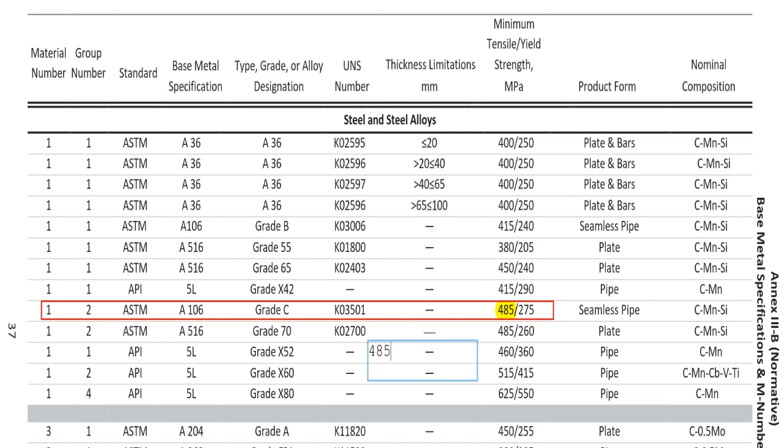485 MPa times 5%, which is 485 times 0.05.